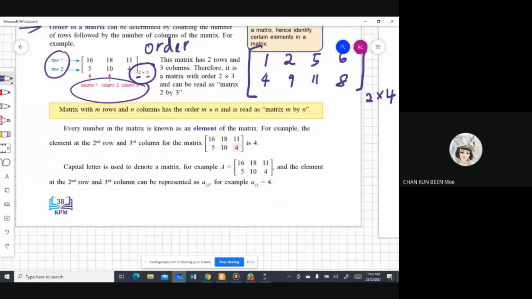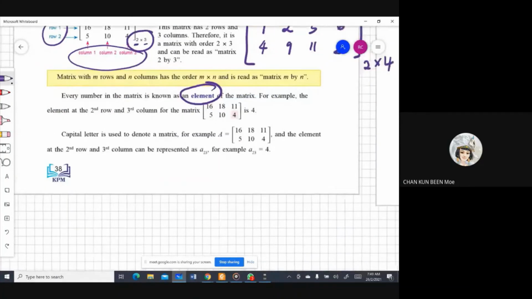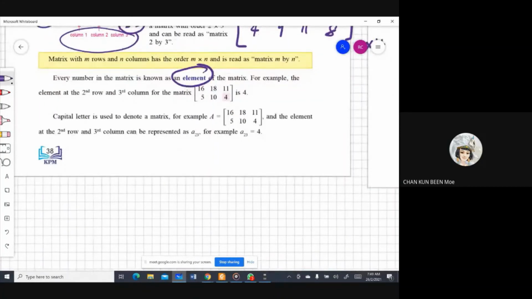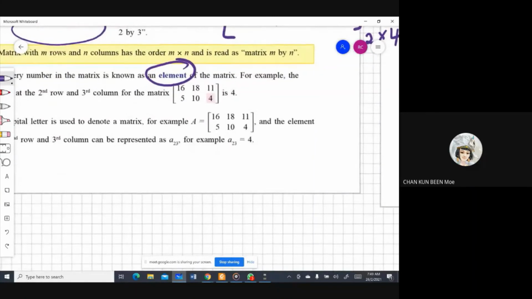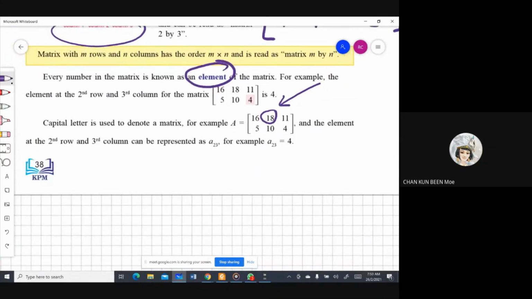I'm going to question you regarding the elements of the matrix. So I repeat again, scared you don't really understand. For example, if I want to mention the element 18 here, the way of denoting it is capital A becomes small letter a. And then you look at which row it is in first.